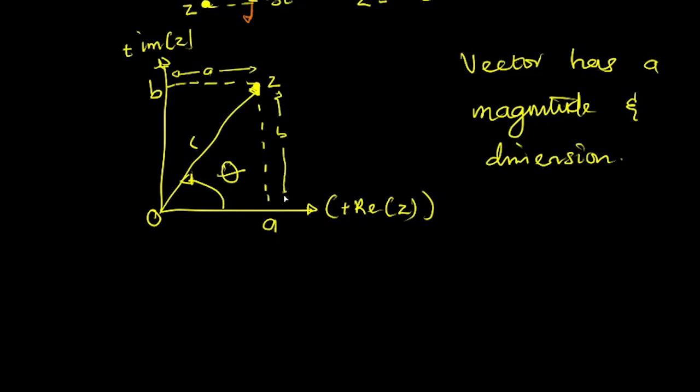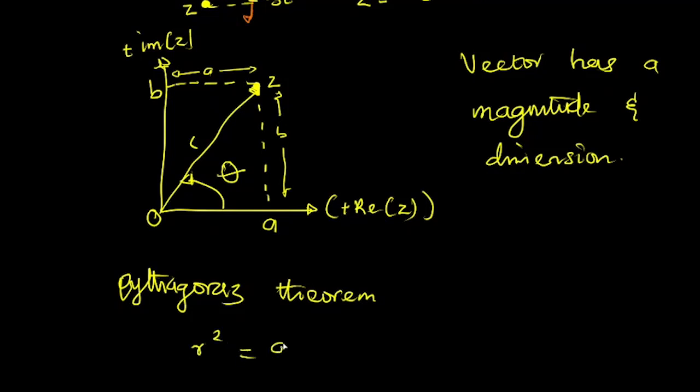Good. So it means we have two right angle triangles, and if you consider one part of this triangle, we can say that from Pythagoras theorem, let me write it out, r squared is equal to a squared plus b squared, and therefore our r is equal to the square root of a squared plus b squared, as you can see here.